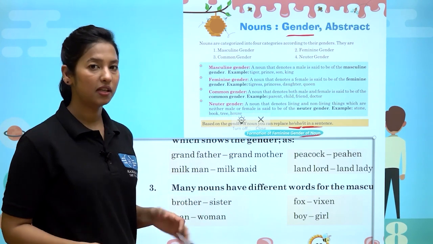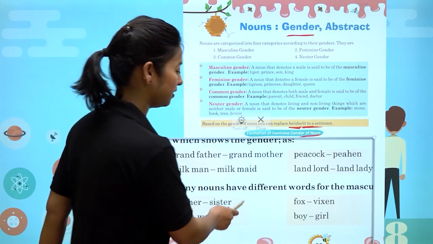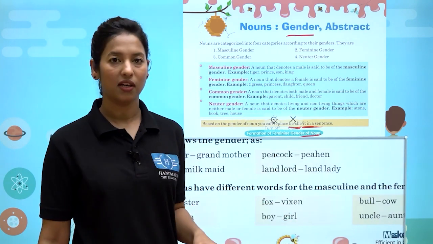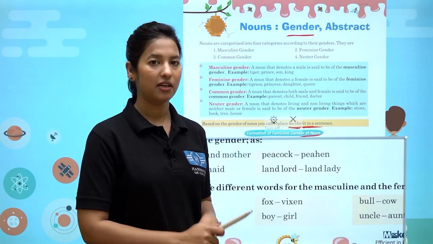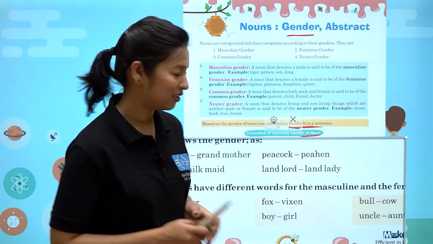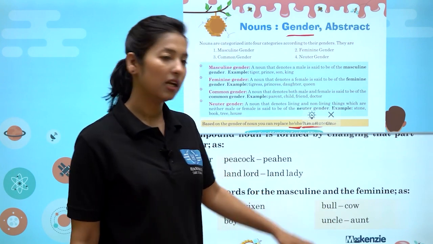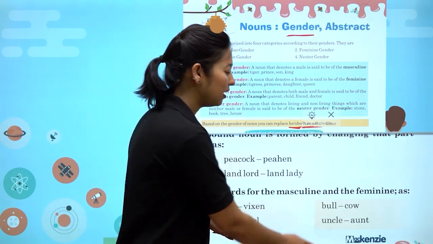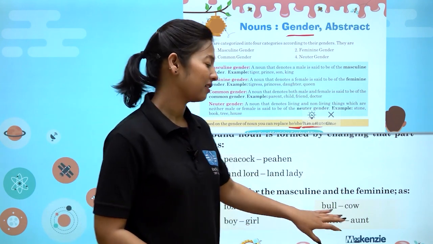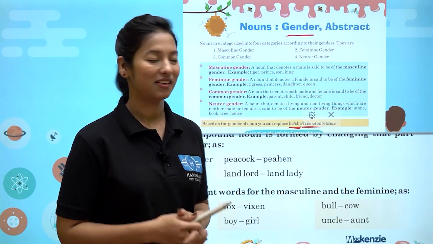Man is masculine and woman is feminine gender. Fox is masculine and vixen is feminine gender. Boy is masculine gender, girl is feminine gender. Similarly, bull is masculine and cow is feminine. Uncle is masculine gender and aunt is feminine gender.